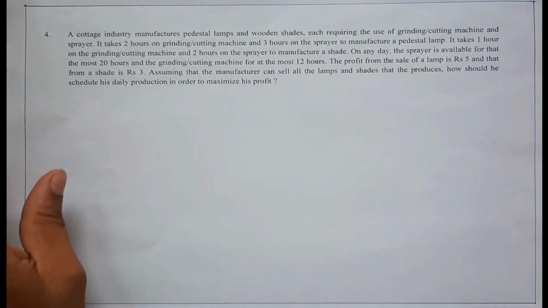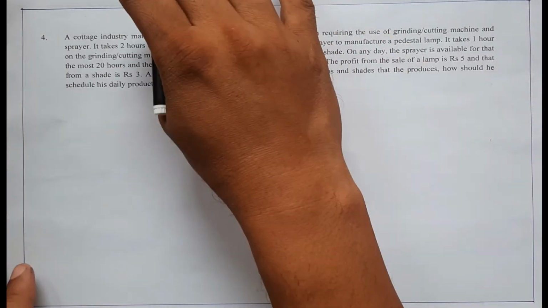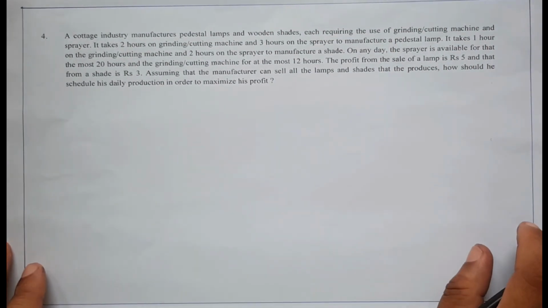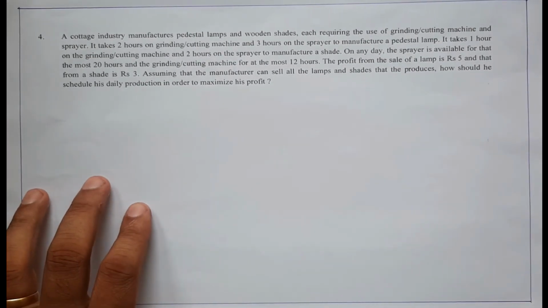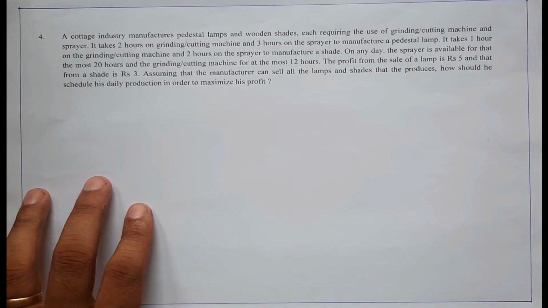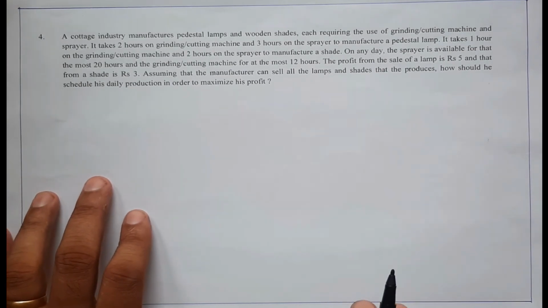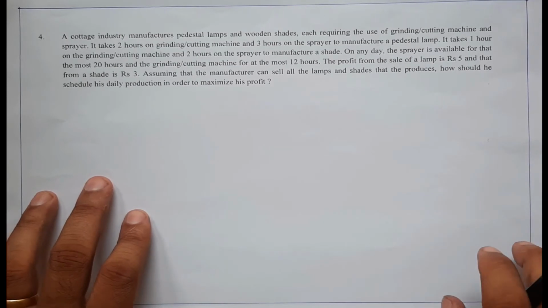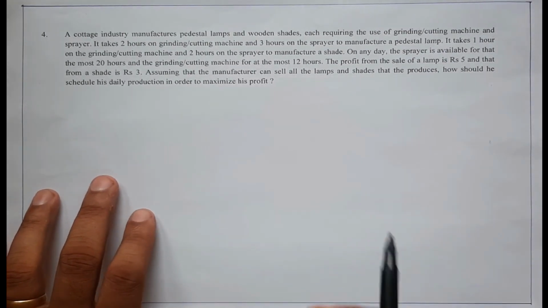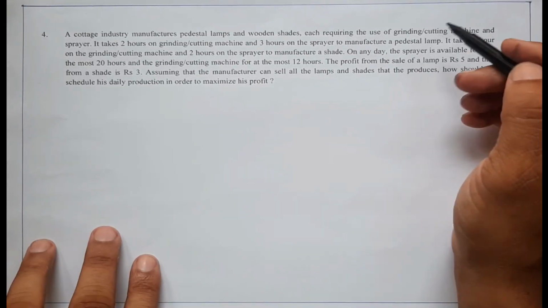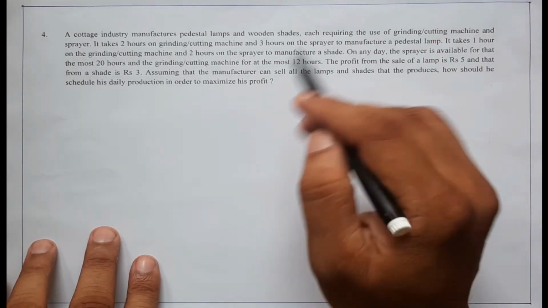A cottage industry manufactures pedestal lamps and wooden shades, each requiring the use of a grinding machine or cutting machine, and a sprayer.